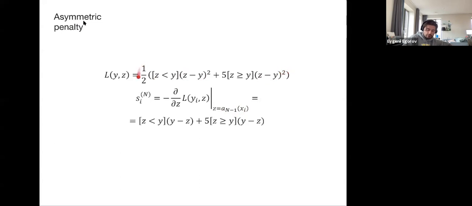This 2 cancels with this 1/2, and indicator functions stay here. We will need to fit to these residuals, and if in some particular points the answer of the ensemble is higher than the target value, then we fit to this part. If it's lower, then we fit to this part. The same applies to any loss function.